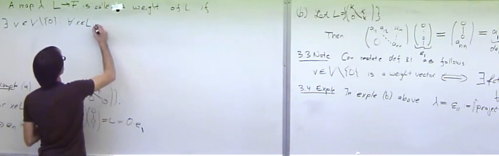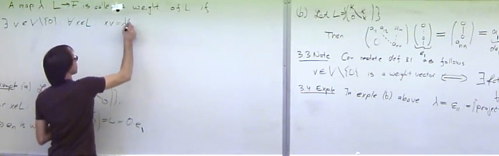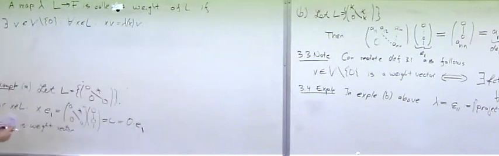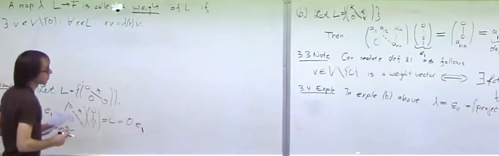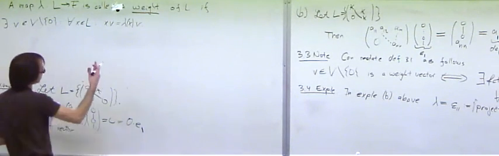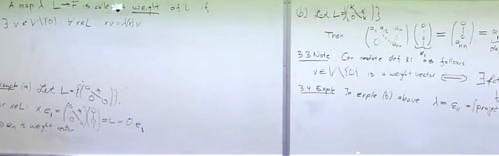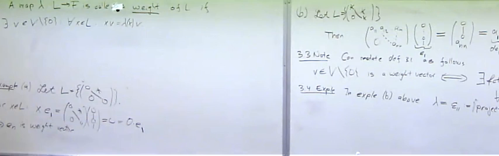So for each element of the Lie algebra, xv equals lambda of x v. So the weight vectors are the simultaneous eigenvectors, and the weights are the simultaneous eigenvalues of these vectors.